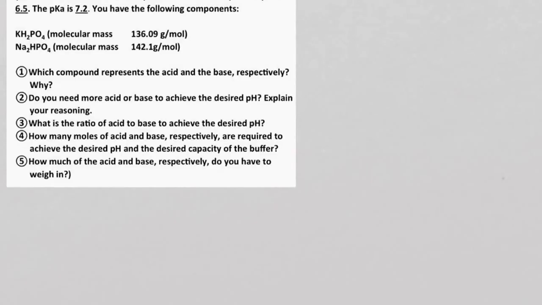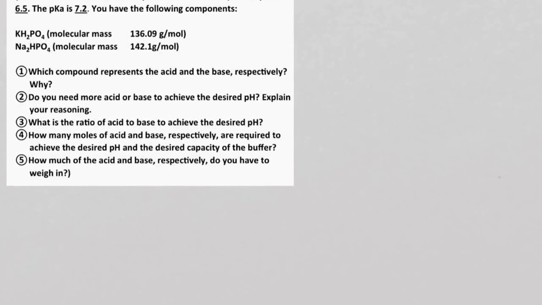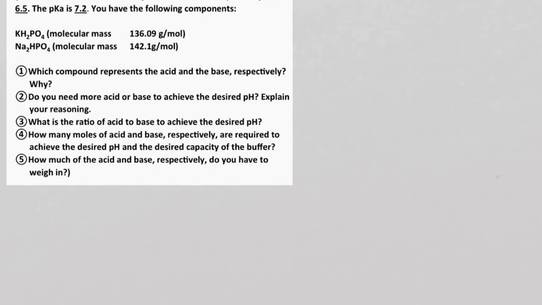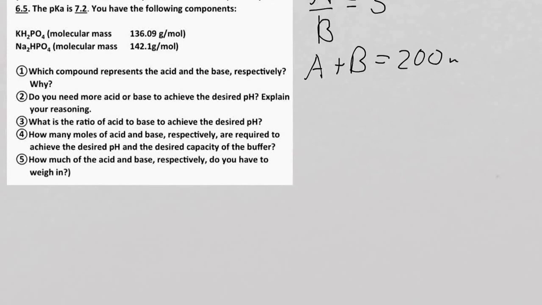To answer question 4, how many moles of acid and base are required to make up the desired pH and the desired capacity of the buffer, we've just calculated that our ratio of acid to base equals 5, and we know that the acid and the base concentration together should be 200 millimolar.